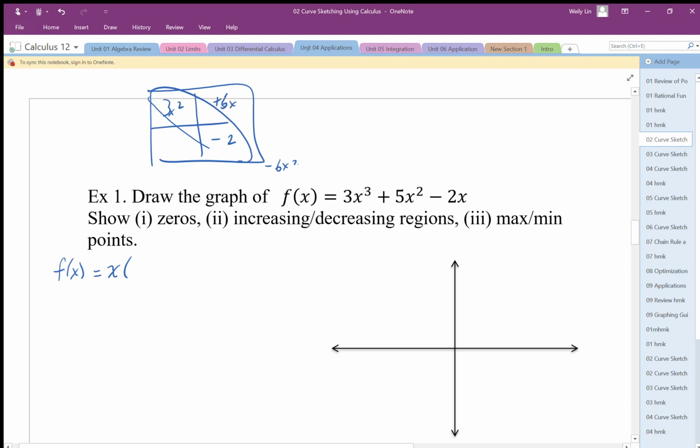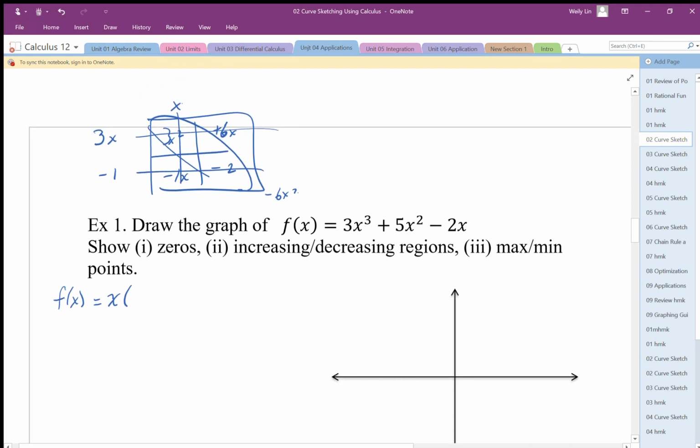So we're going to use positive 6x, negative 1x. Okay, so we're going to have a common factor of 3x here, negative 1 here, x here, and looks like 2 here. So we're going to end up with 3x minus 1, x plus 2.